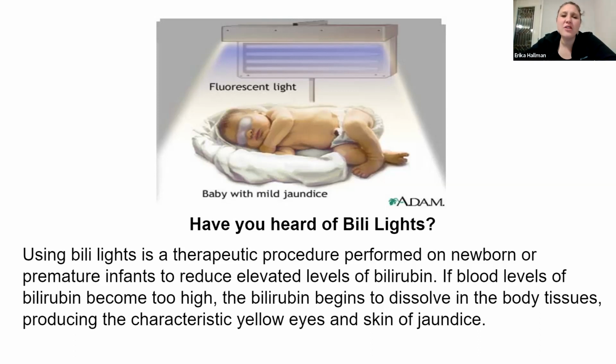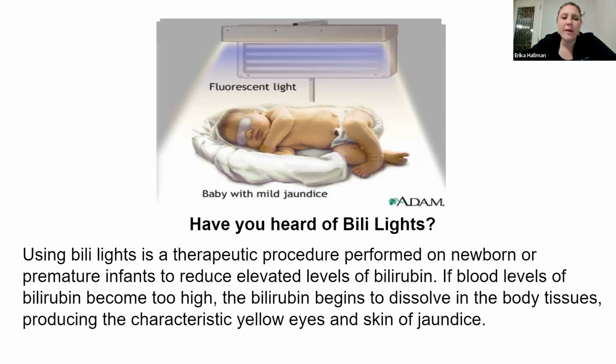A fun connection to something you might have seen before is that a lot of times newborn infants have a condition called jaundice. This basically means that the white parts of the infant's eyes and their skin have a yellow tint. That's actually because of an elevated level of a protein called bilirubin.